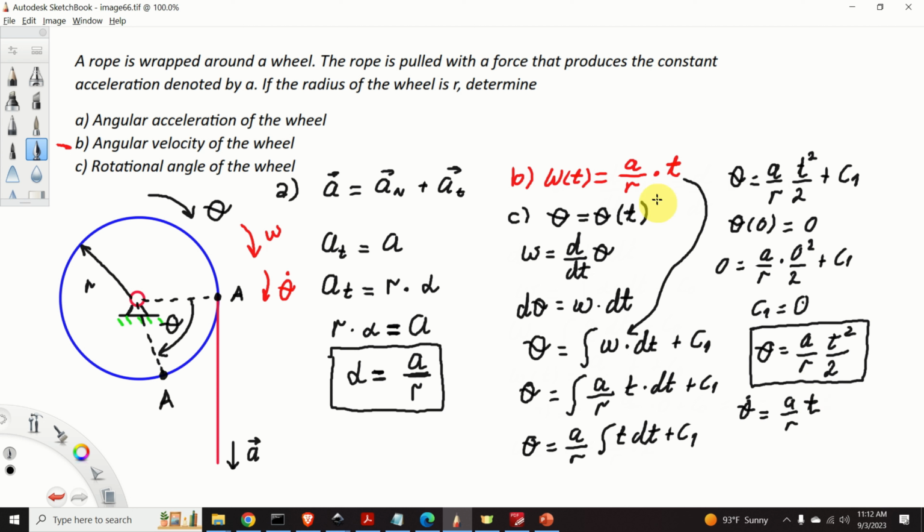Perfect, and that's exactly this expression. Now, we can also verify the solution to problem A. How to do that? We know that alpha, that is the angular acceleration, is the second derivative of theta. Consequently, we obtain theta double dot is A over r, and that's precisely alpha. That's perfect.